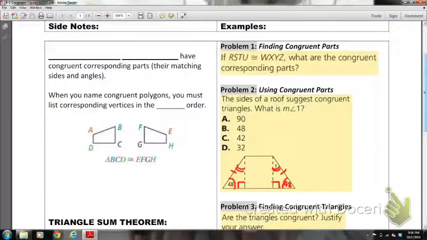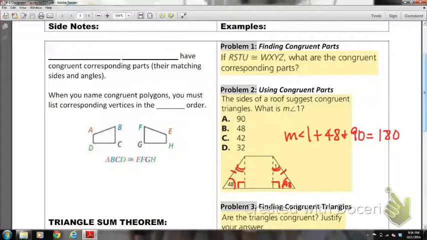We know from the triangle sum theorem that the sum of the interior angles of any triangle is 180 degrees, so the measure of angle 1 plus 48 plus the 90-degree angle, which is the right angle, has to be 180 degrees total.